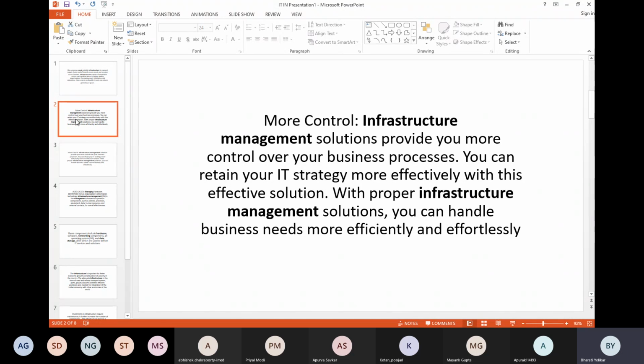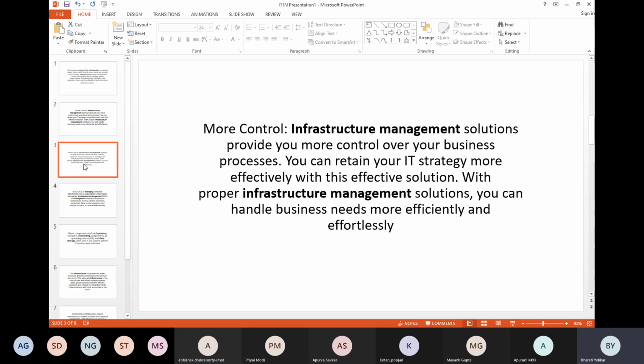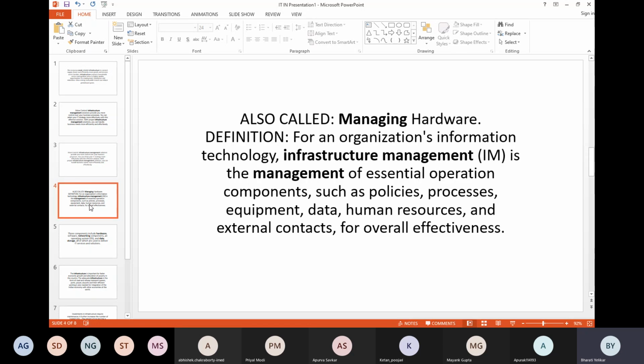So with proper infrastructure management solutions, you can handle business needs more efficiently and effortlessly.